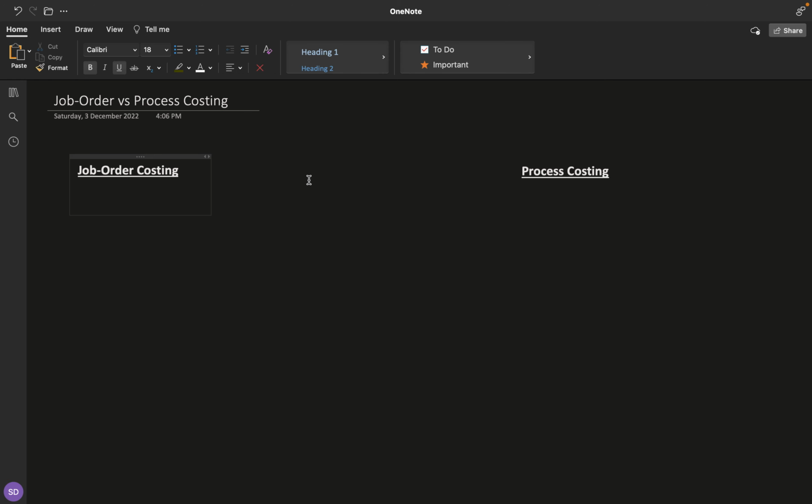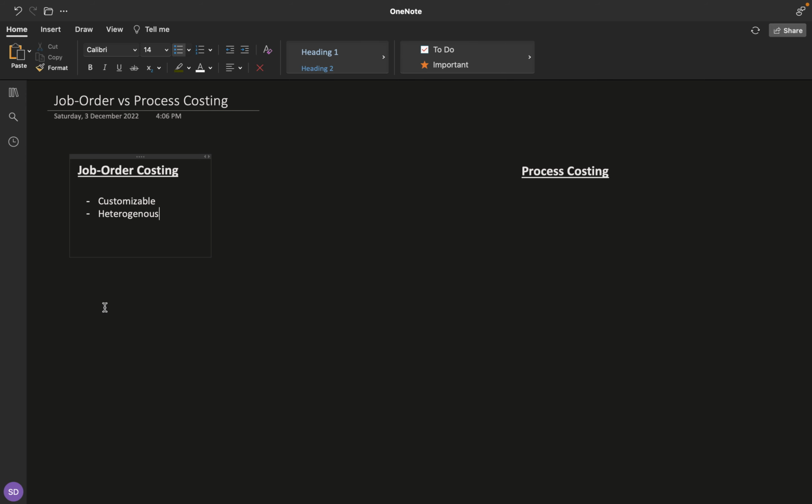So already you have that this product is customizable. And so when we have a customizable product, we want to use job order costing. So job order costing is used for products that are customizable. And guess what? Here's the keyword: heterogeneous, which means different from one another.